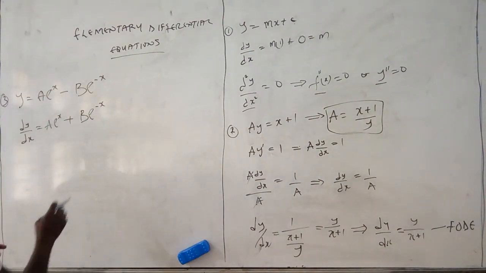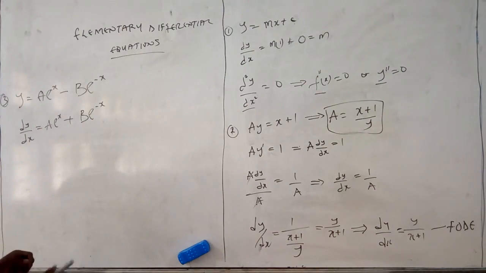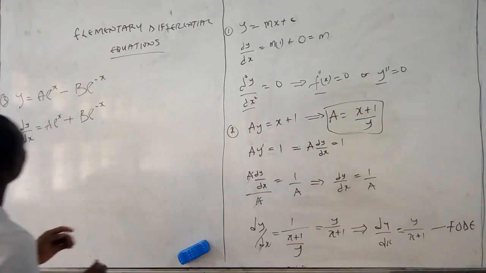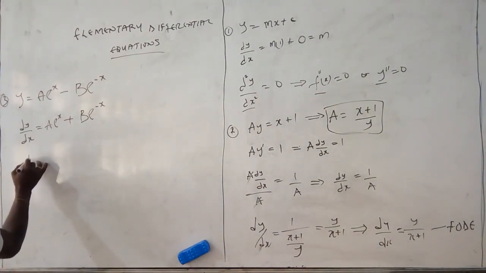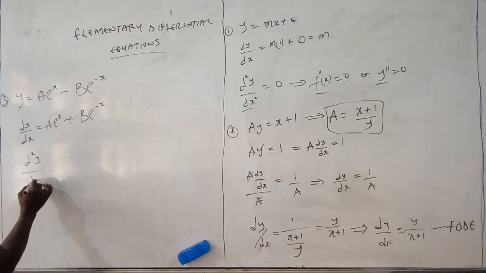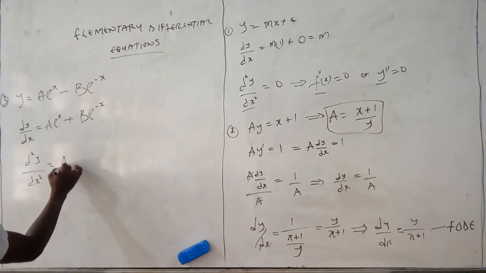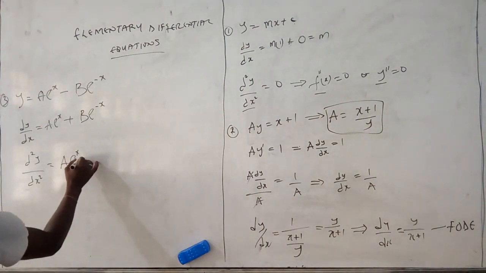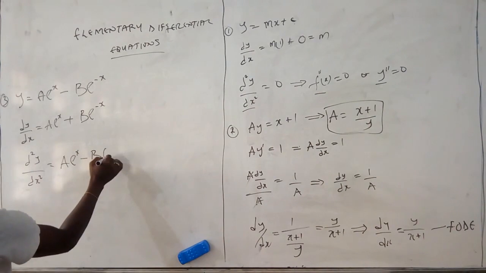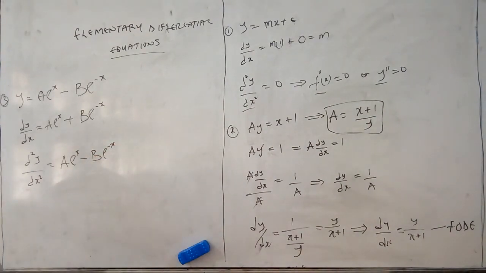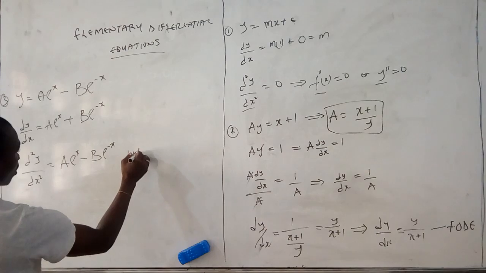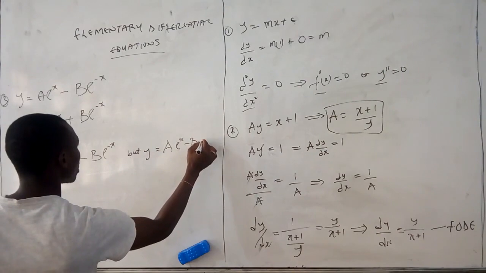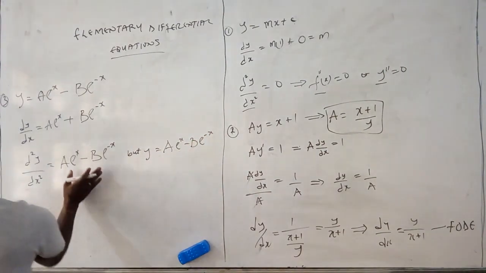But if you take a look at this, the constants are still there. So you move on to the next derivative, the second derivative, which is a exponential x. Differentiation of exponential x remains the same, it doesn't change. Then minus b exponential minus x. But our y is equal to a exponential x minus b exponential minus x. This is the same as our y.